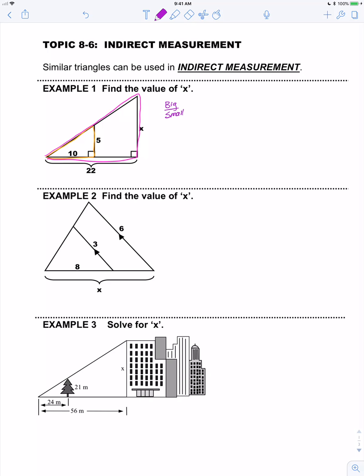So x is to 5 as 22 is to 10. The big one's on the top, the bottom length of the small one on the bottom. So we cross multiply. 10x is equal to 22 times 5, which is 110. Divide both sides by 10, so x is 11.